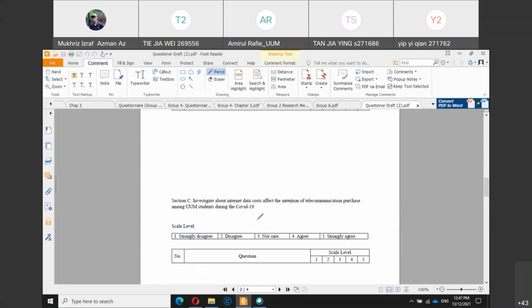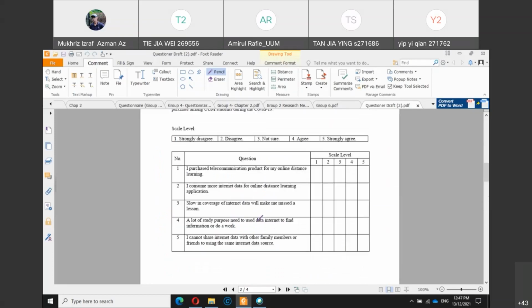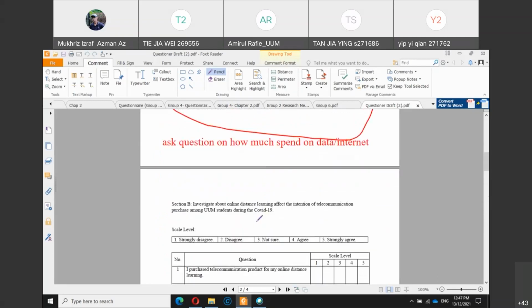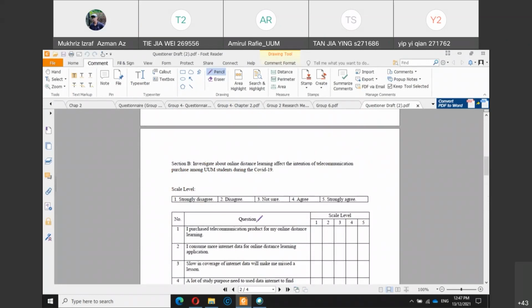I don't understand why it is so hard for you to find a topic that people have already done. Why do you have to resort to a topic that nobody has done before, and then end up creating questions from scratch? Actually, Doctor, we proposed a different title the other day. Then you told us to take this one, because the title we proposed was in Malay. I gave you this topic because whatever topic you propose, I assume that you have example questionnaires to refer to. The first one I rejected may not have been relevant to economics.